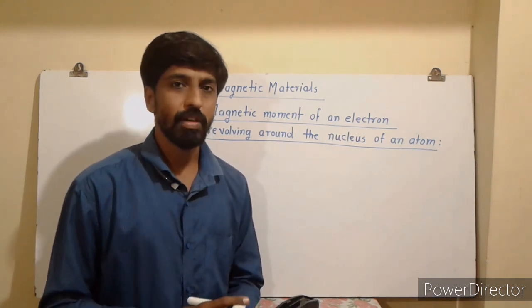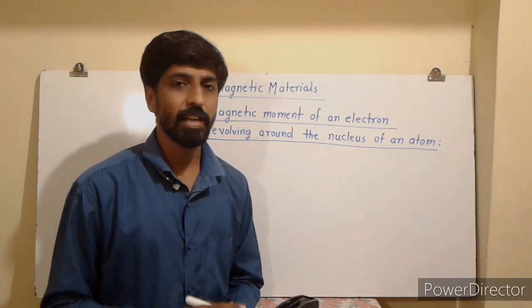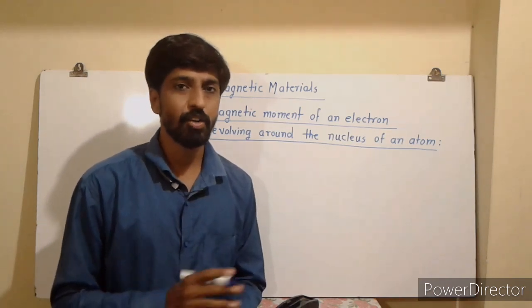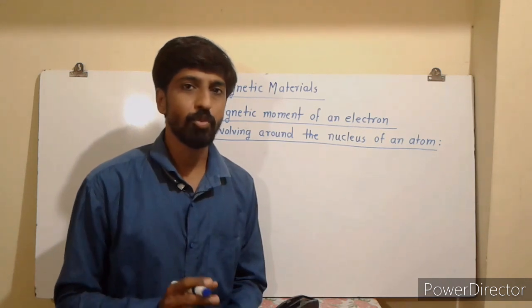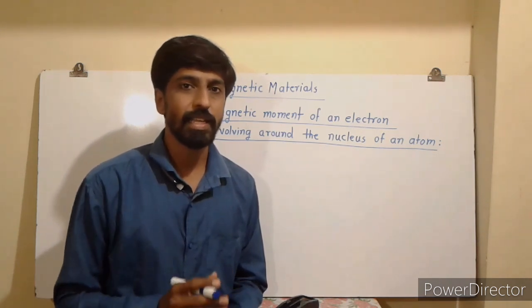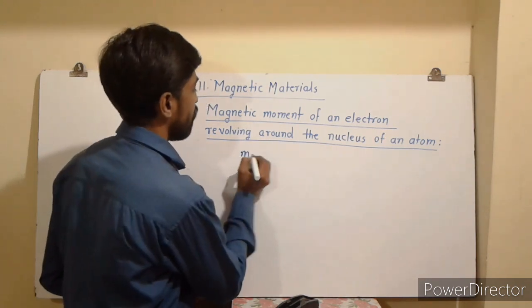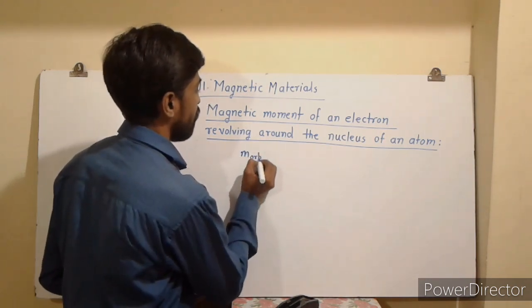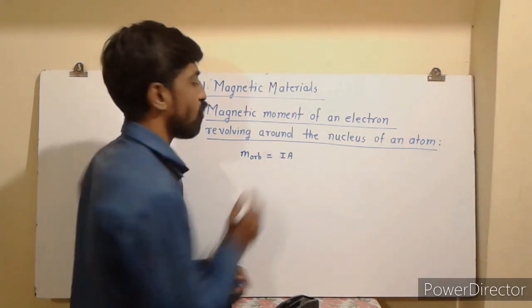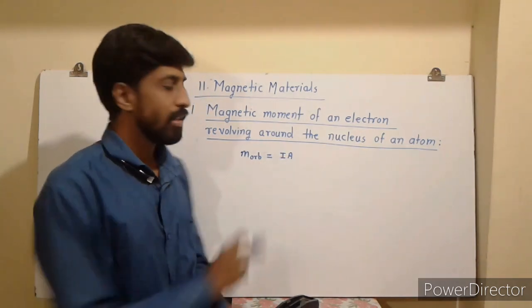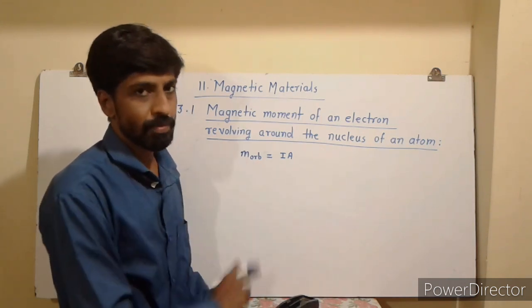An electron revolving in an orbit is equivalent to a tiny current loop, and the magnetic dipole moment due to the tiny current loop is given by m orbital is equal to I into A. This is the magnetic dipole moment due to a current loop.